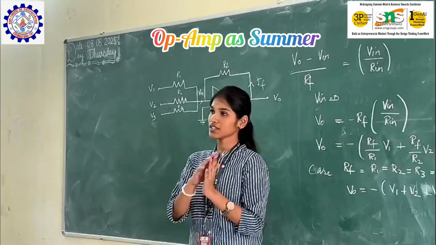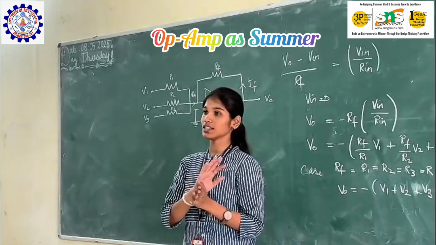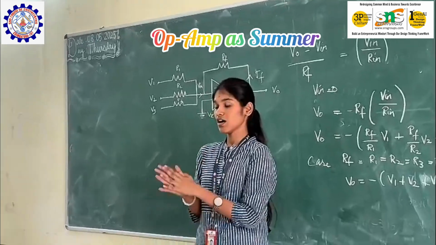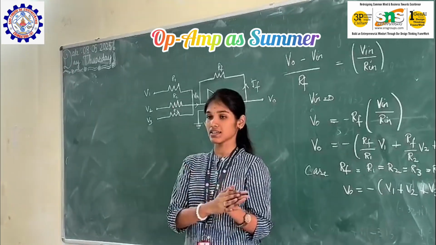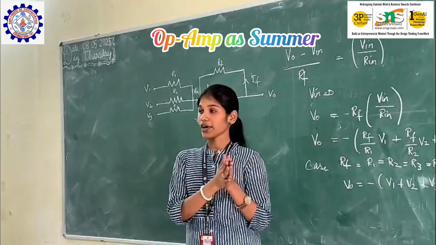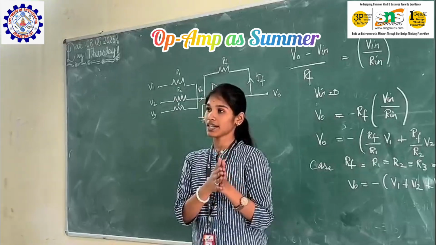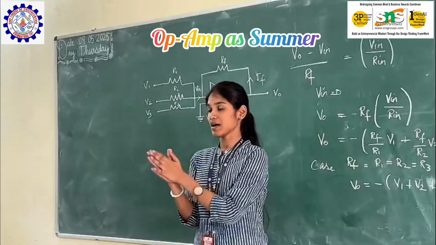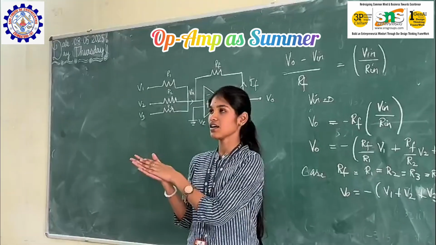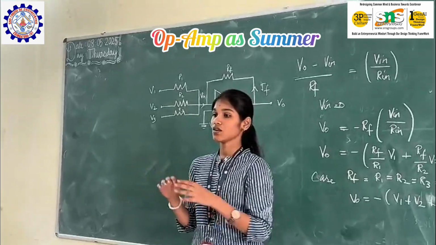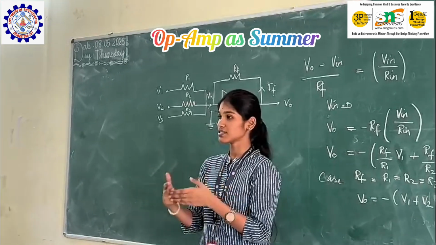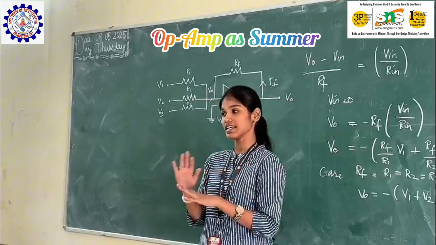The output of the system is going to be the minus of the sum of all these inputs. For example, if the temperature sensor gives 1.2 volts as its input, and some other sensor gives its input as 0.8, the output of the system is going to be the minus of the sum of all these inputs.